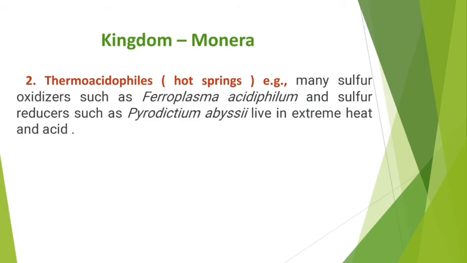They are sulfur oxidizers, and sulfur reducers such as Pyrodictium abyssi. So Pyrodictium abyssi is a sulfur reducer, and Ferroplasma acidiphilum is a sulfur oxidizer. These two examples of thermoacidophiles live in extreme heat and acid.